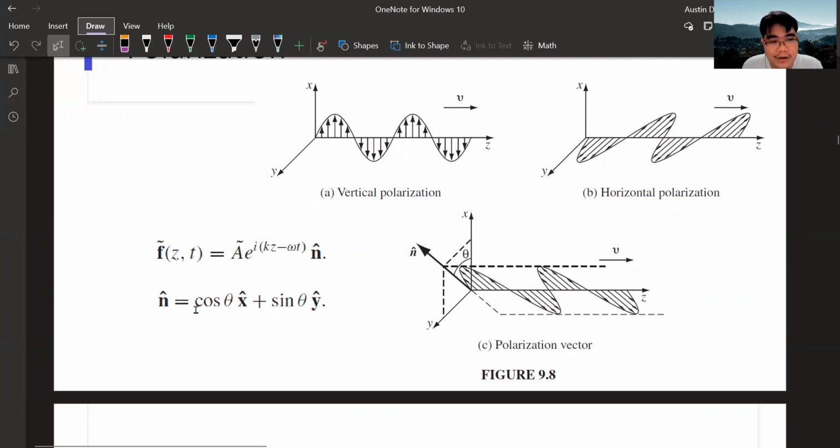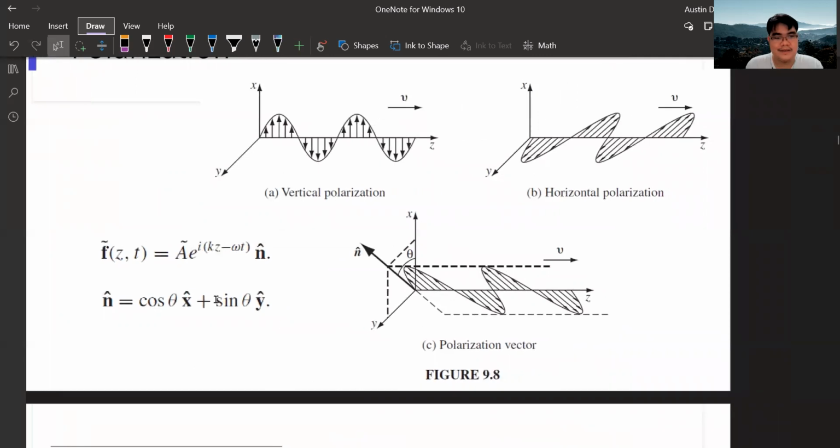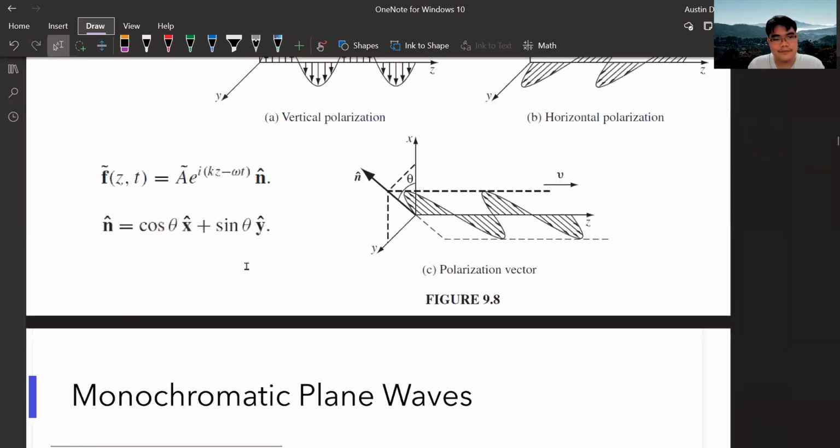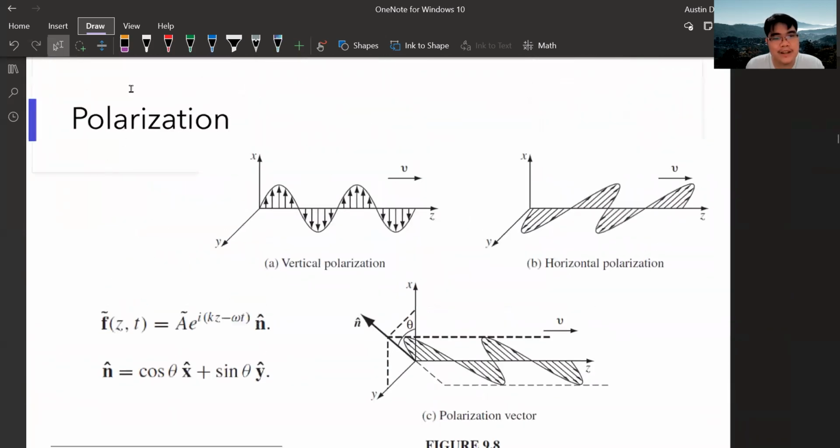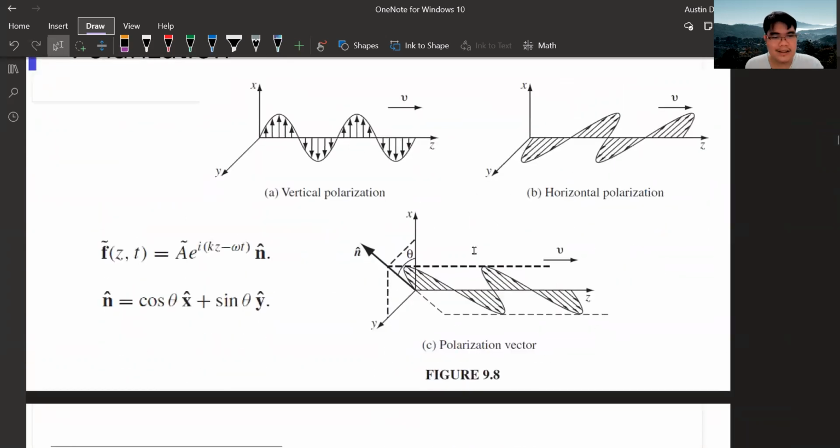You can imagine the arbitrary polarization n hat as a summation of vertically and horizontally polarized waves. So when we say polarization of waves, it is just where it is pointed. Nothing complex about that.